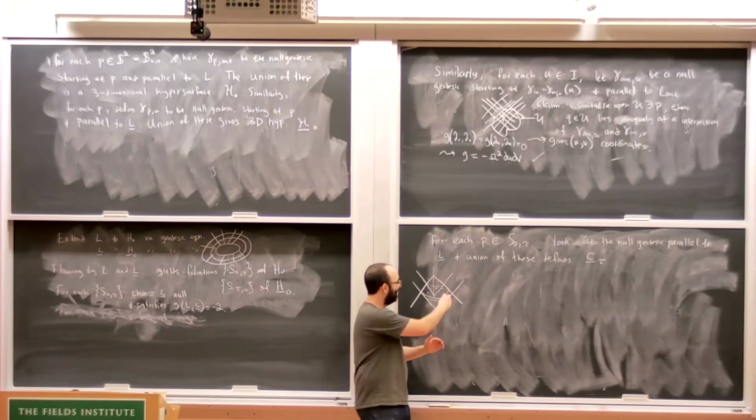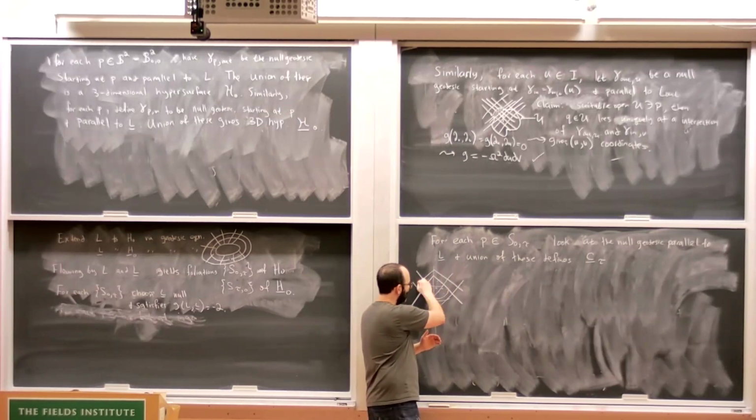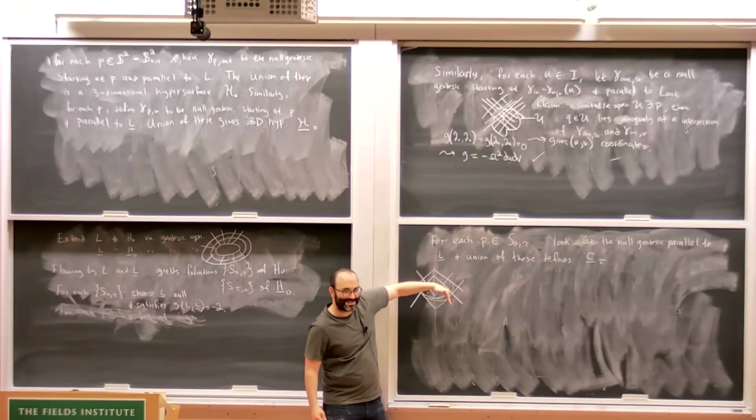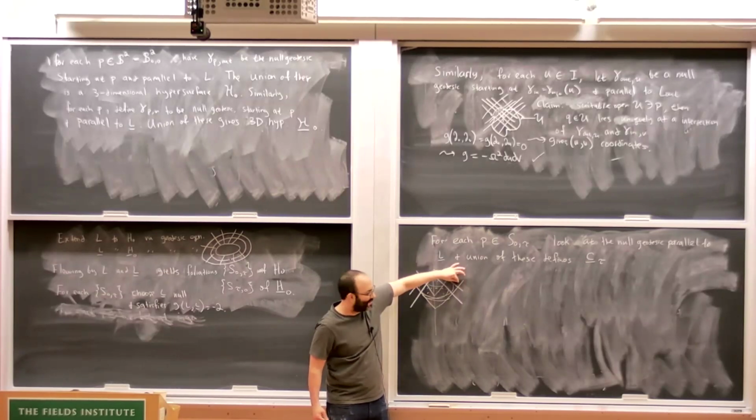So look over here. The more I draw, the worse it gets. But you can imagine how all these different hypersurfaces will intersect at unique spheres. Every point away from the axis lies on a unique sphere.